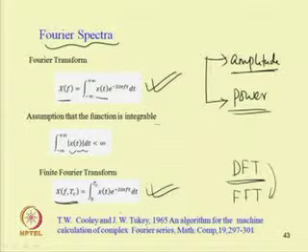So, instead of getting the response in a continuous form, we get the response in discrete time, and we can use the DFT or FFT. This method was proposed by Cooley and Tukey in 1965 in the paper 'An algorithm for the machine calculation of complex Fourier series', published in Mathematics of Computation, volume 19, pages 297 to 301.